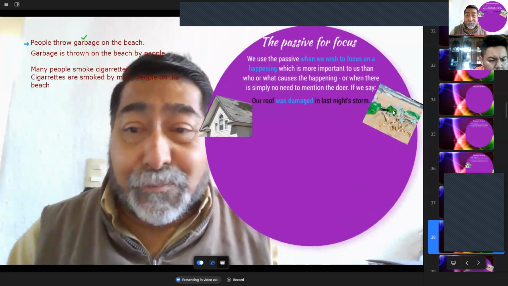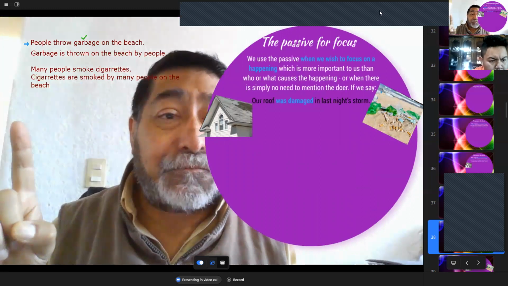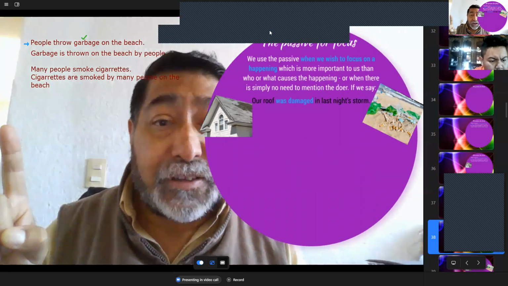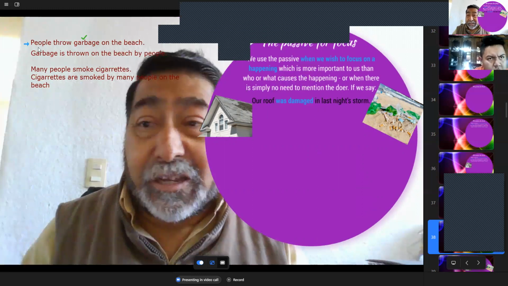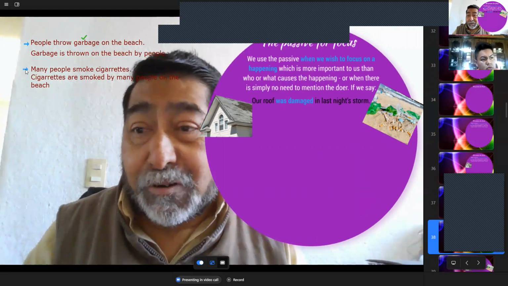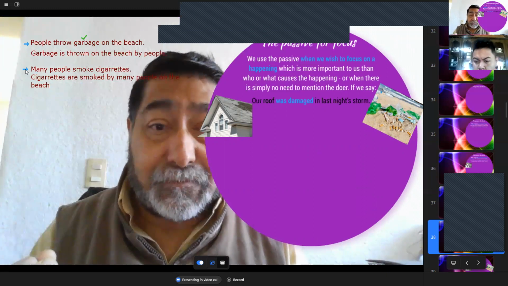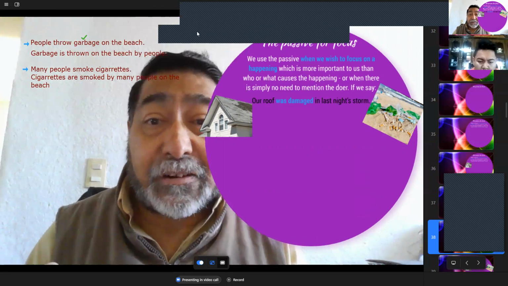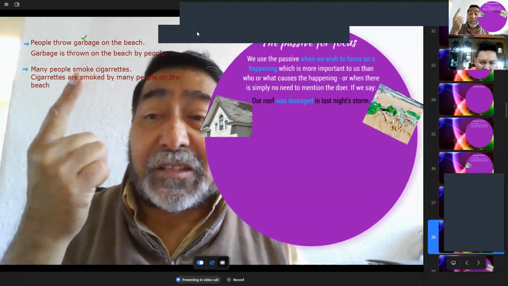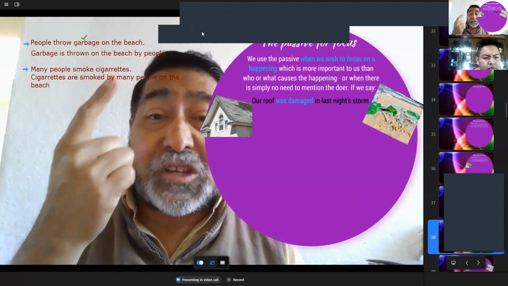Okay, another example. Notice that here we change my ideas from passive into active. In the two ideas I have, many people is the subject in active voice, and the object is cigarettes.